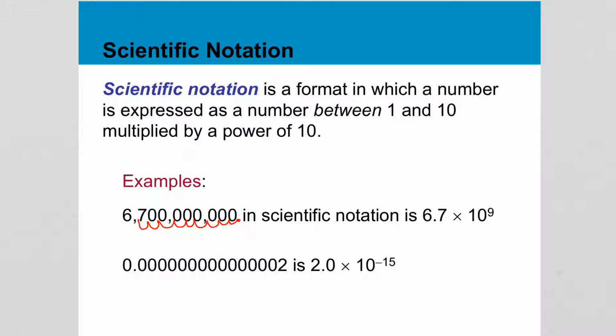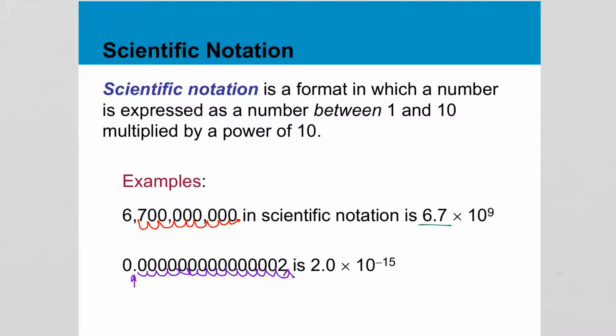So this time, our decimal is here, and we have to count 1, 2, 3, 4, 5, 6, 7, 8, 9, 10, 11, 12, 13, 14, 15 times to get it after the first non-zero number. So that's why we write negative 15. So in scientific notation, it's 2.0 times 10 to the negative 15.